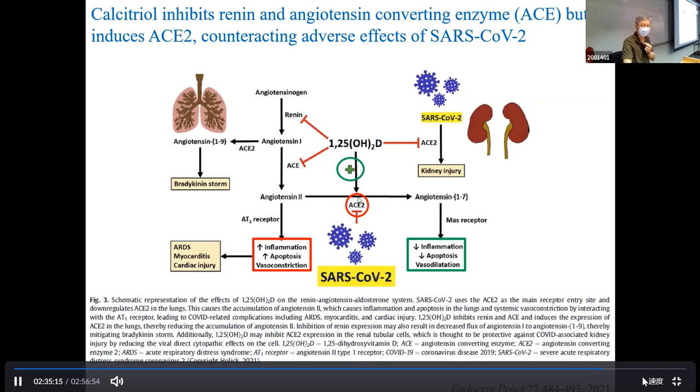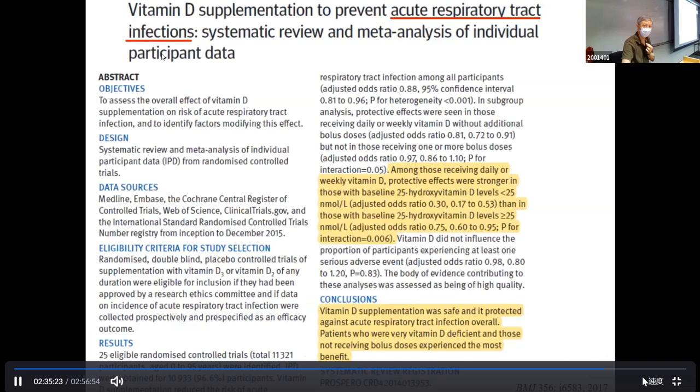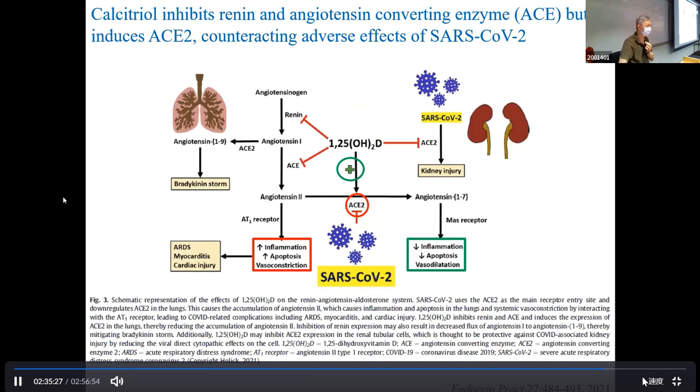So that's why, because of the prior information that vitamin D plays a role in acute respiratory tract infection, people started to look into the COVID subjects and whether they are vitamin D deficient, because vitamin D presumably will act in the opposite way of the virus in terms of the ACE2 activity.